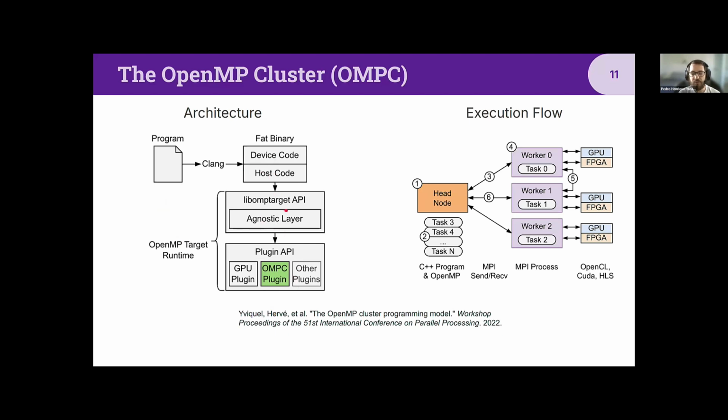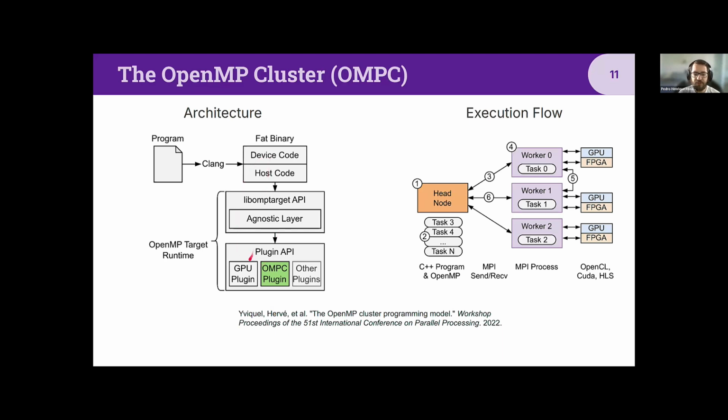It's basically composed of two APIs. You have the agnostic layer, which controls data movement, data mapping, and all those things across the devices you have. It's agnostic of the device in the sense that it doesn't control anything related to the device, but just controls the bigger view of your application. And you have the plugins that are responsible for executing that device code.